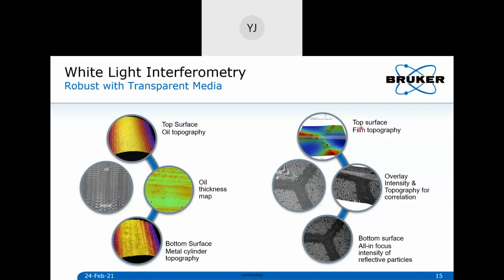Or similarly, you can see here we have a coating on top of a sample, which has these nice textures, right? All different reflective particles here. But you are interested in the coating on top and what the roughness is and how nice the coating is. And that's what we capture here. So you can see the captured image is only from the top surface, and it's unaffected by all these reflective particles below, right?